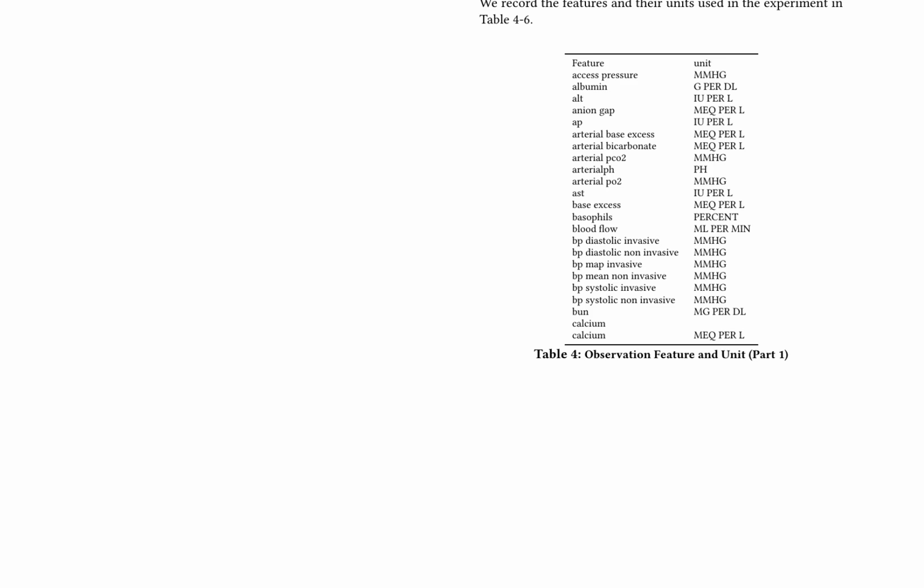The tables detailing the features and their units used in the experiment offer a transparent and reproducible framework for future research. Table 6 presents a comprehensive overview of intervention features and their corresponding units, a crucial component in understanding the experimental design and data analysis of the study.